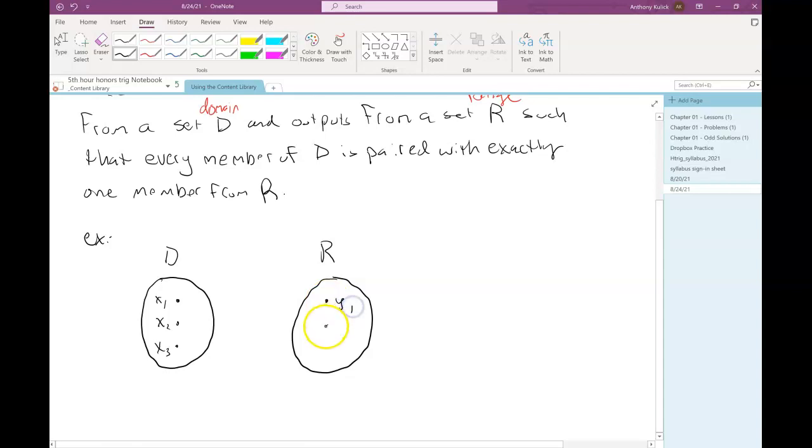I'm just going to label them arbitrarily as x1, x2, x3, and y1, y2, y3. But they could be numbers or whatever. And then what we do is we draw arrows between the members of these two sets to represent how they're paired together.